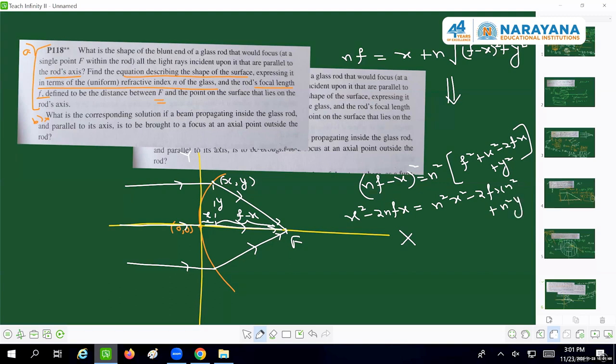Now check that it comes out to be an ellipse, because it becomes 0 is equal to n square minus 1 x square, minus 2fx n square, and then plus, so this term will be minus 2fnx, that's perfect, and plus n square y square.